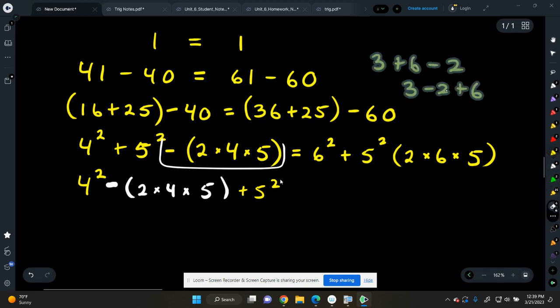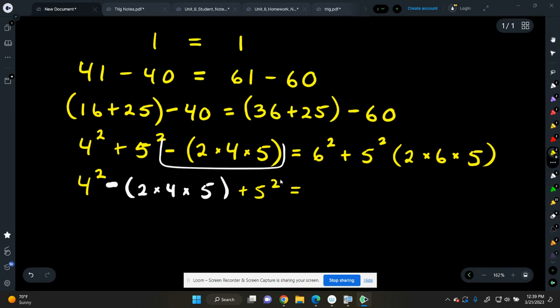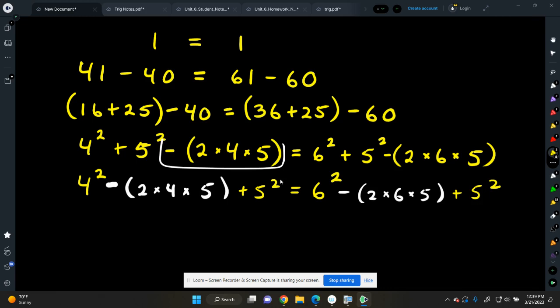So now let's do the same thing over here. Let's rewrite this 6 squared. Oh, this is a minus, sorry. Minus 2 times 6 times 5 plus 5 squared. Are we okay with that? Yes.